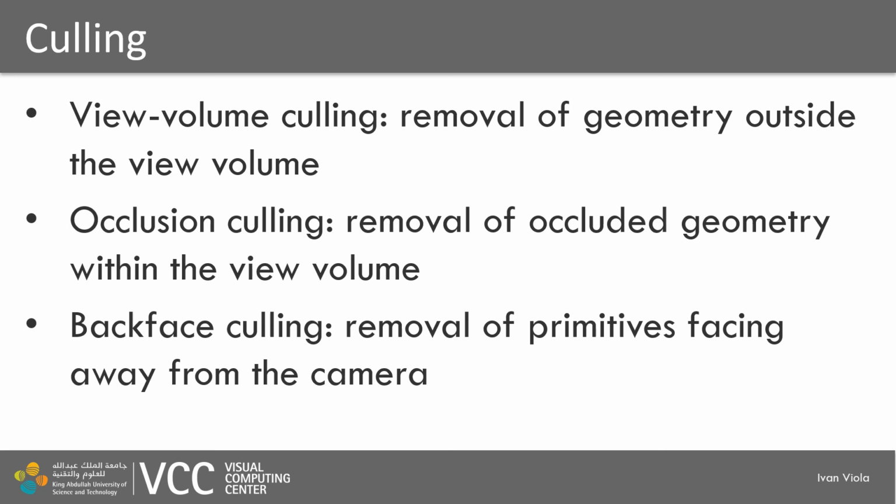The last strategy, which is somehow a subcategory of occlusion culling, is backface culling. In case we have closed primitives, then we have some set of their triangles facing towards the camera and some set of these triangles facing the opposite direction than the camera. They will not be facing the camera because they will be behind.